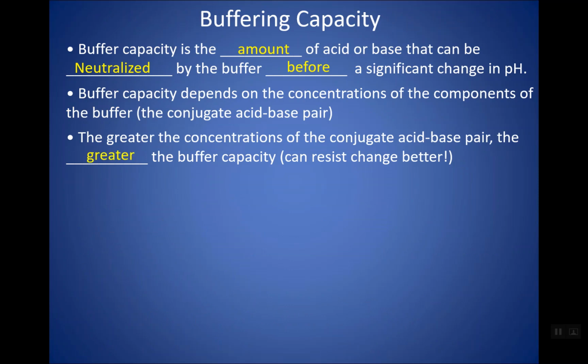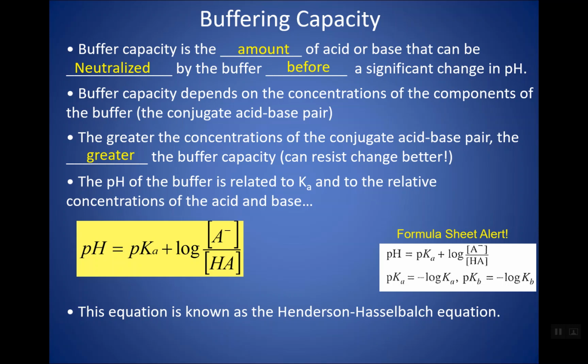And whenever you're doing a buffer problem, there's this equation called the Henderson-Hasselbalch equation, and this is the buffer equation. You see a question, you identify it as a buffer question, this is likely the equation you have to use. So look at it, find it, it's on your formula sheet. You can always find the pH of a buffer by taking the pKa and adding the log of the concentration of the base over the concentration of the acid component.